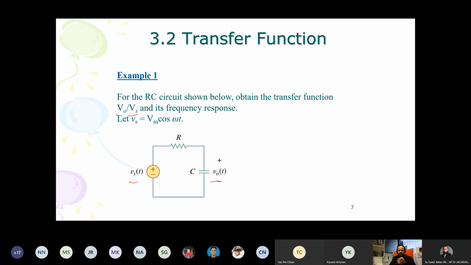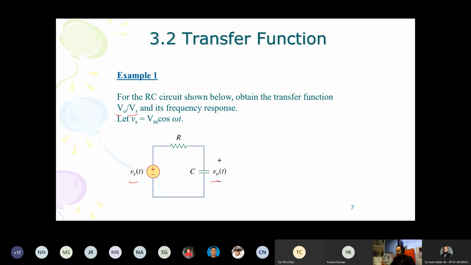Time domain and S domain. Yes, Nazirul, capital letter in frequency domain. Very good, Anshin. Yes, we consider small letters for the time domain, and we take capital letters for the frequency domain. Some differences in terms of amplitude and RMS values, we'll come to that when we discuss later.